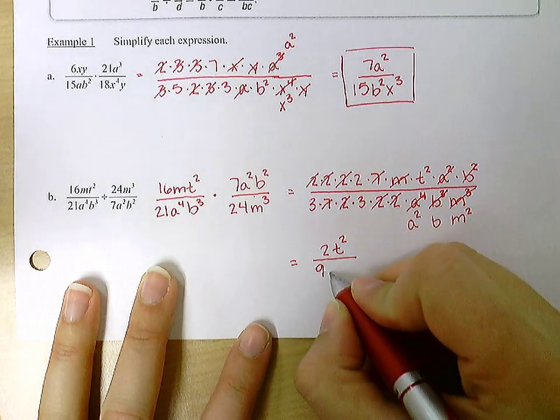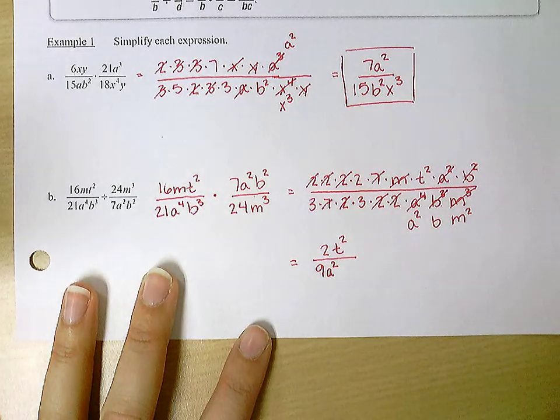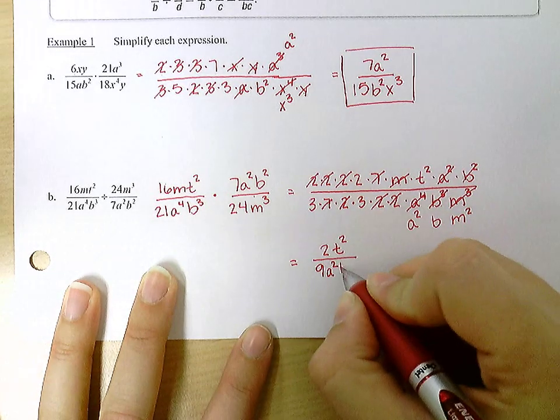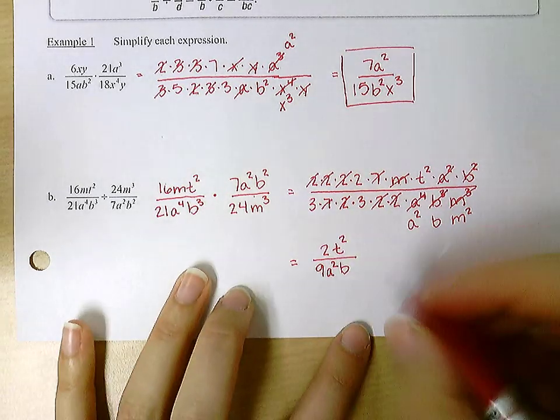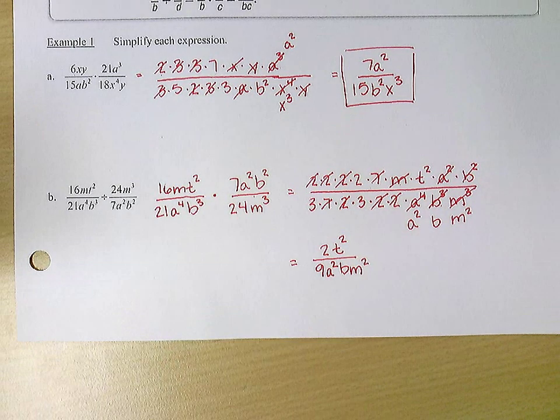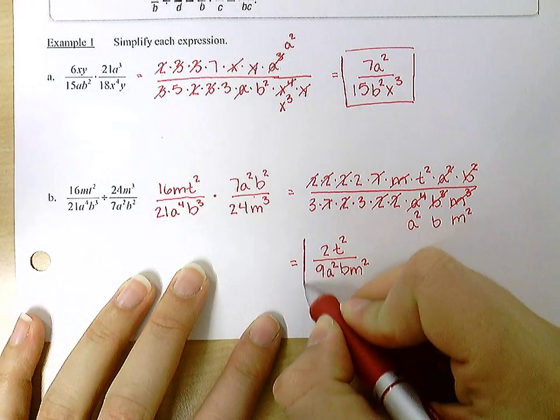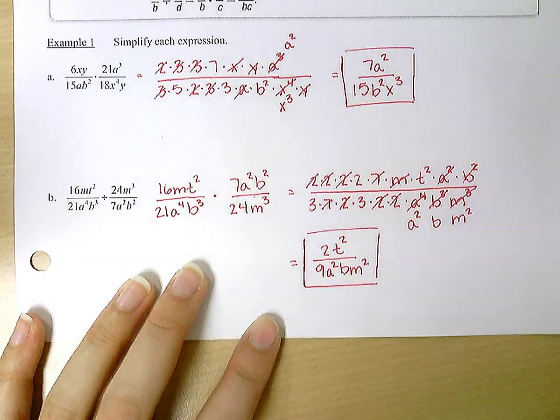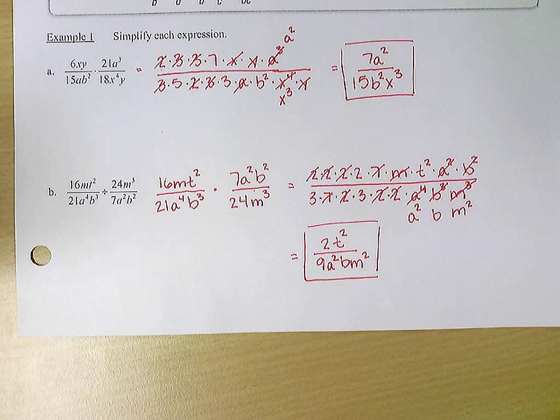I have an a squared, I have a b, and I have an m squared. And then again, just make sure that everything is simplified down before you circle or box your answer there. In this case, it is. I can't reduce anything more, so that would be your final answer.